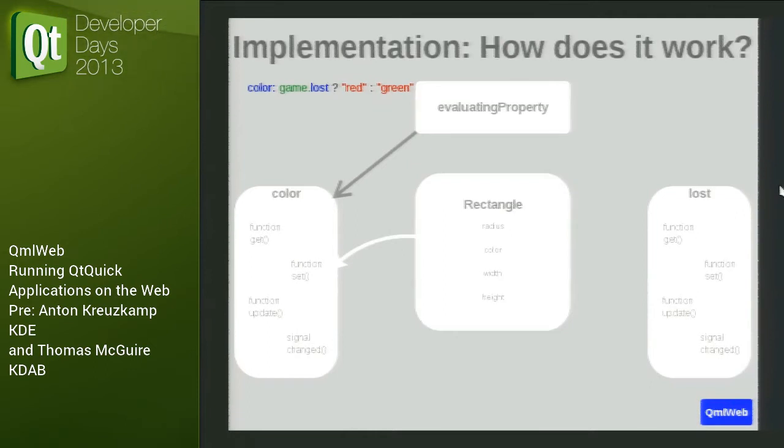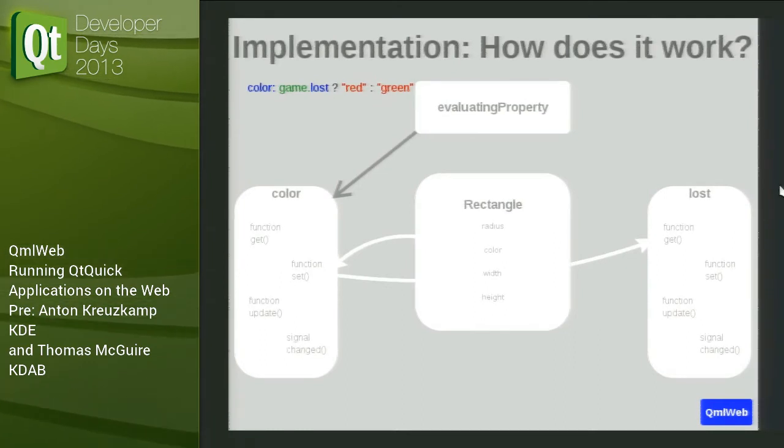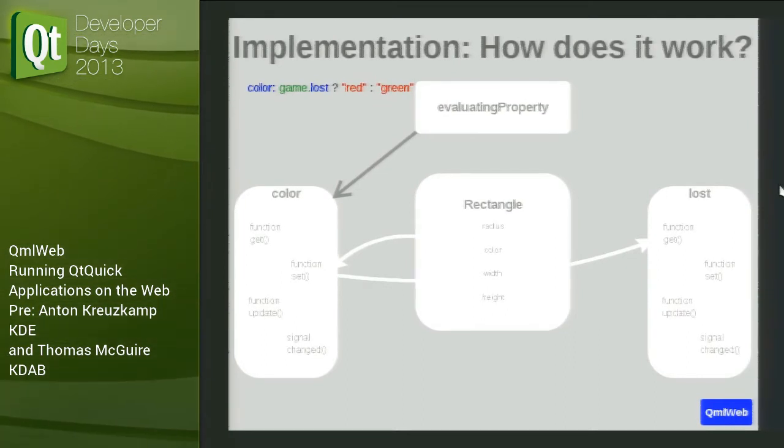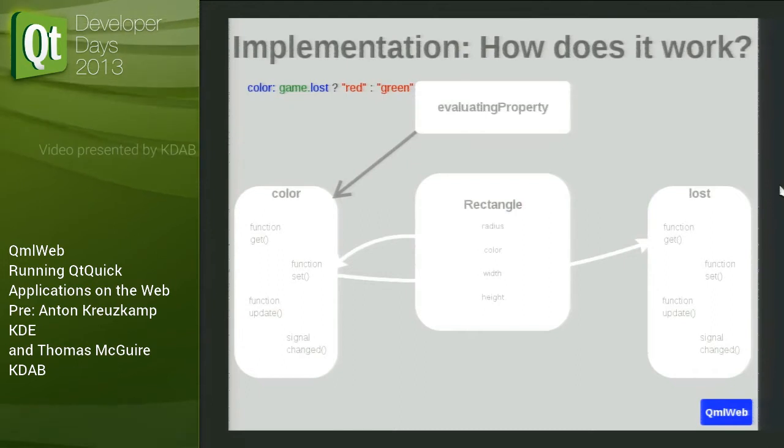And that will evaluate the string, and when game.lost is accessed, it will automatically call the getter. And the getter will now look up at evaluating property what this pointer points to. And it will see, oh, color. So color called myself, so color is dependent on me.